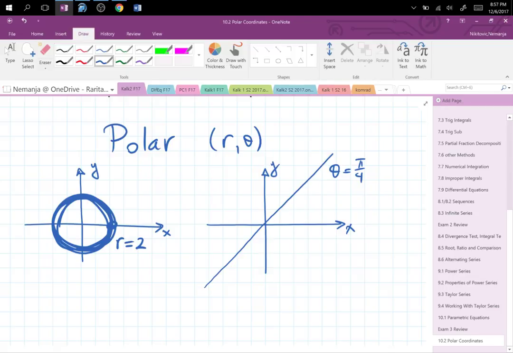Now, you know what's going to be funny? Half of your chapter in Calc 3 is going to be based on this, because your cylindrical coordinates and your spherical coordinates, which are 3D coordinates, have polar coordinates as a base. Cylindrical coordinates are r, theta, z.